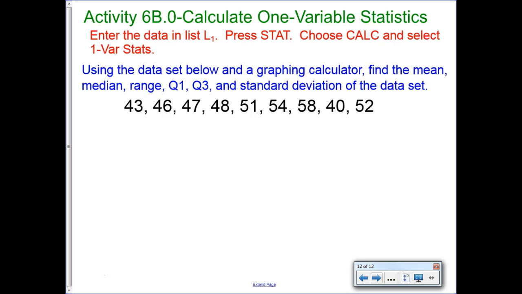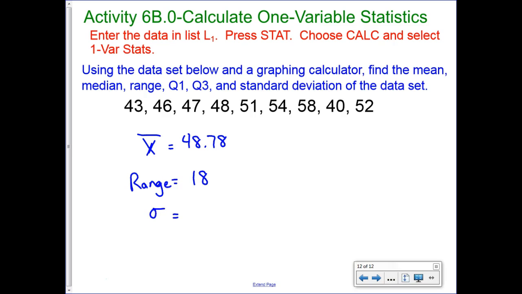So then when you have done that, you should get X bar, or your mean, to be 48.78. You should get your range to be 18. If that's not directly given to you, you can find your max and your min. Those should be listed out, and you would subtract them.